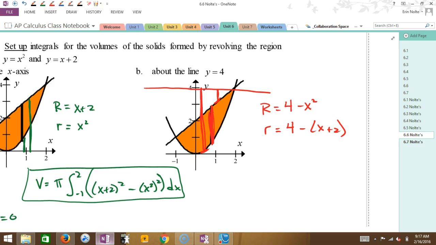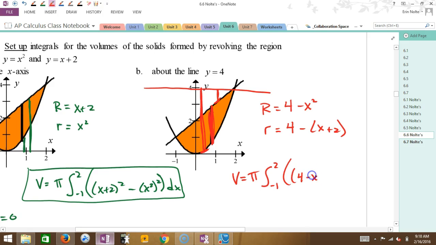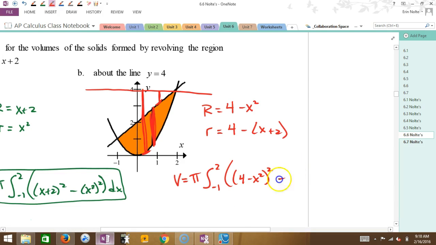So we can still use the same bounds that we found on the question right before it. It'll go from -1 to 2. We're going to go big R squared minus little r squared, and I'm going to distribute that. Probably could simplify it too, but eh.